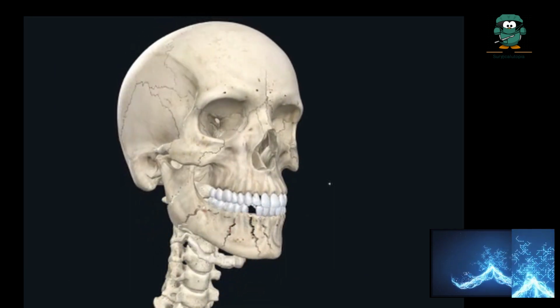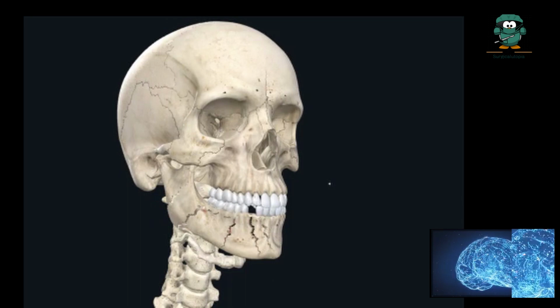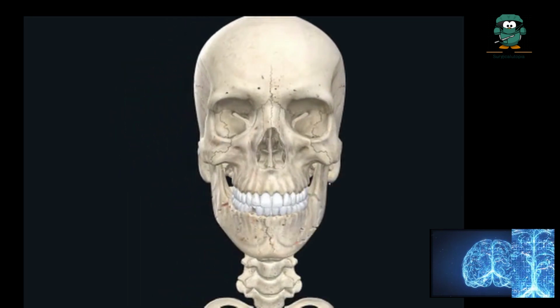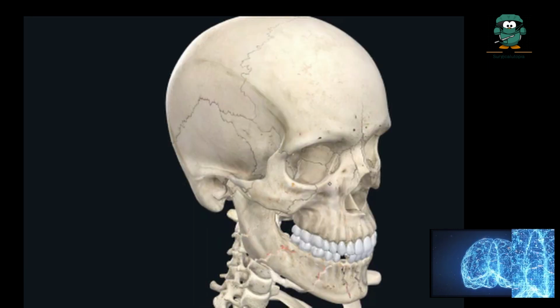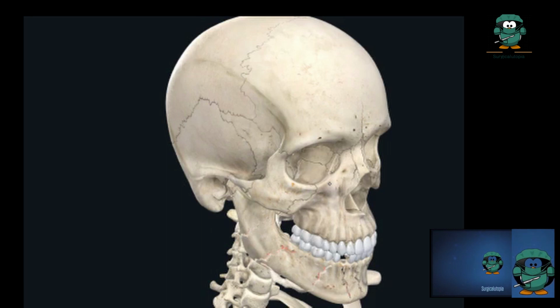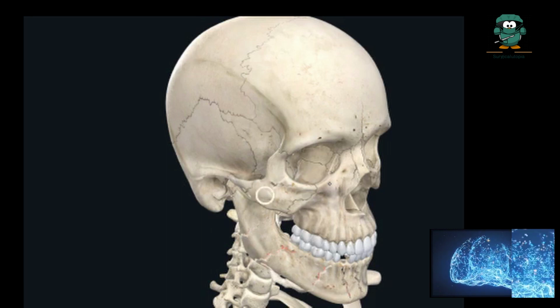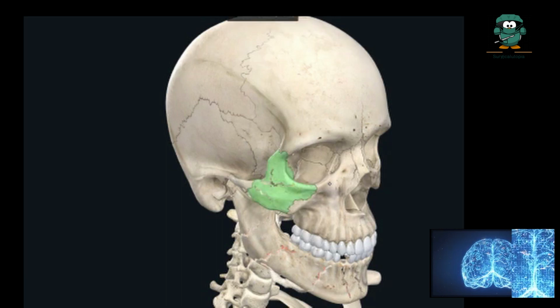See over here, this is the A1 fracture. Then A2 is a fracture in which there is a fracture of the nasal bone, so there will be a fracture over here. A3 is a fracture involving the zygomatic bone along with the mandibular fracture. So there will be a fracture on the zygomatic bone.